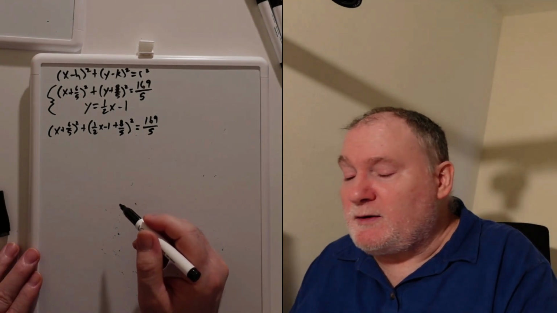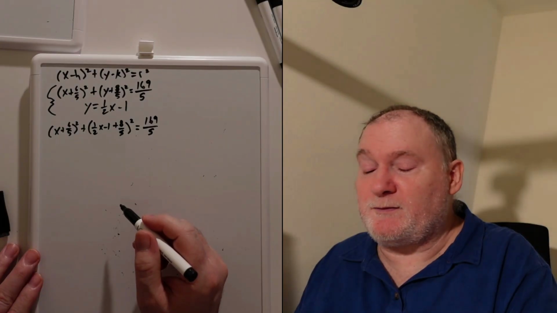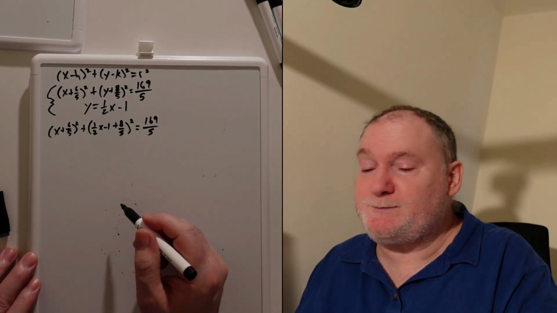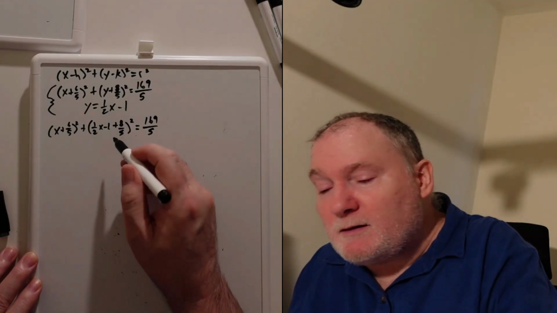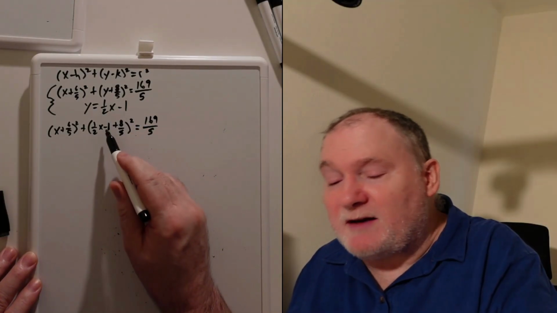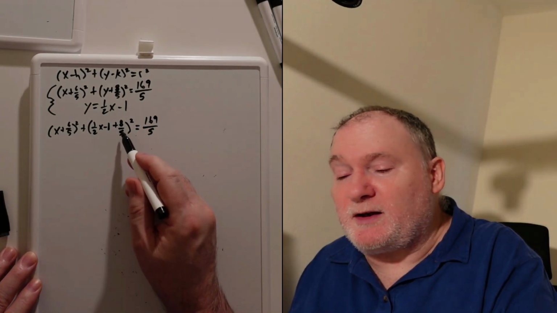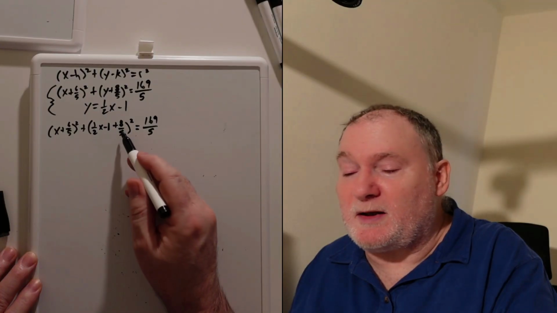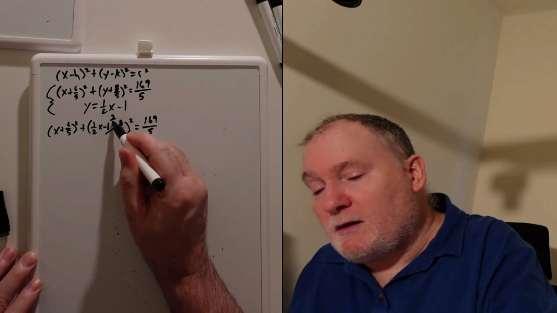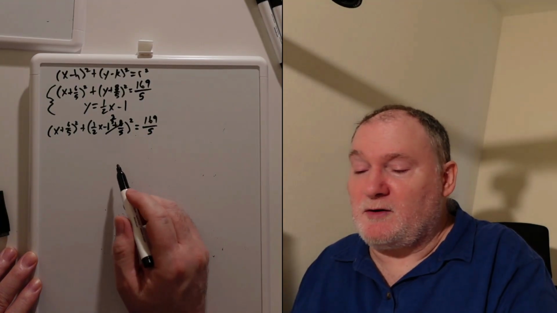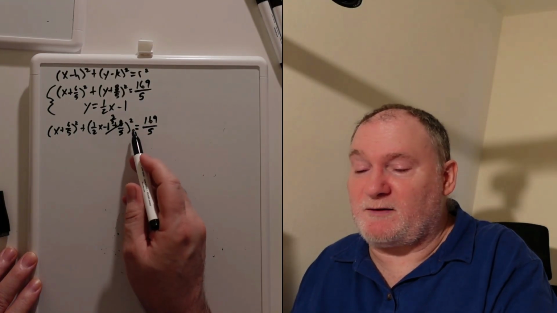So we need to do some expansion. Well, first, minus 1 is minus 5/5, so that's going to turn this into plus 3/5. So it'll be (1/2 x plus 3/5) squared.